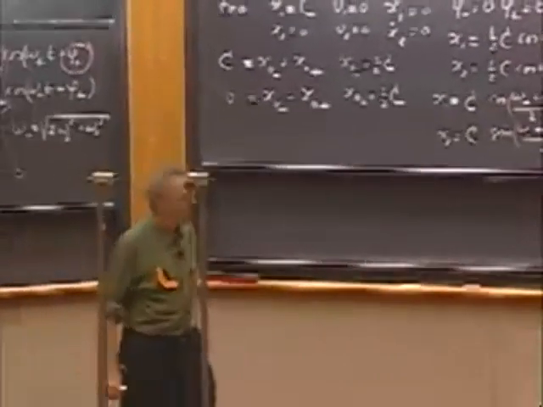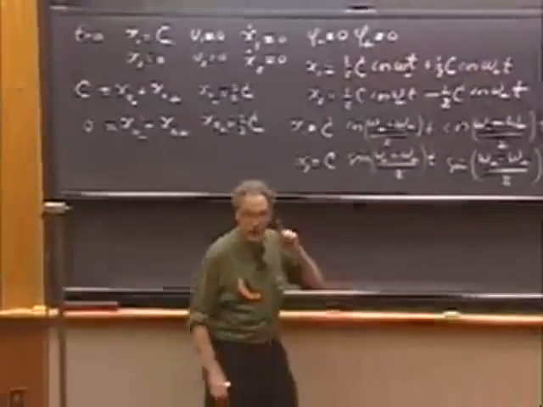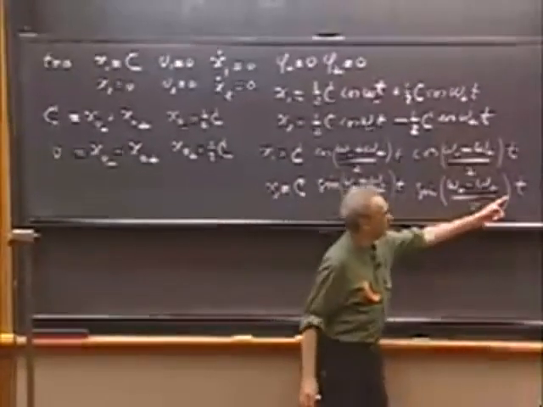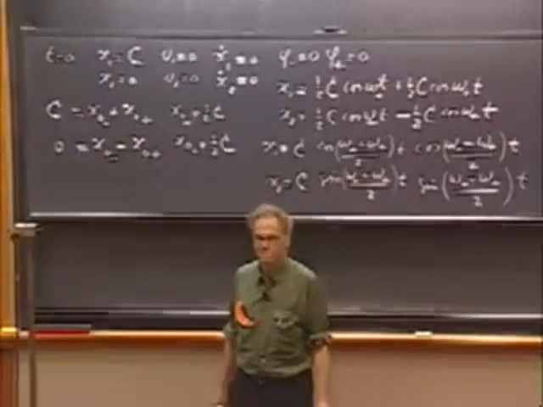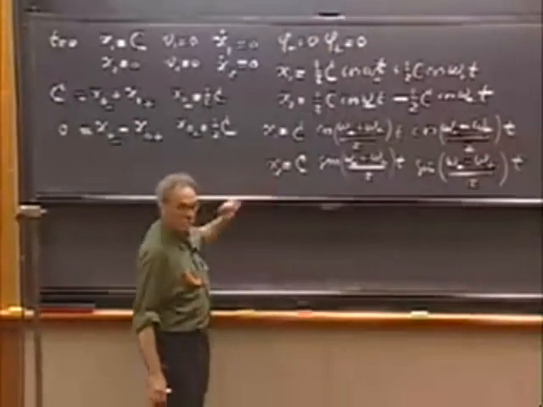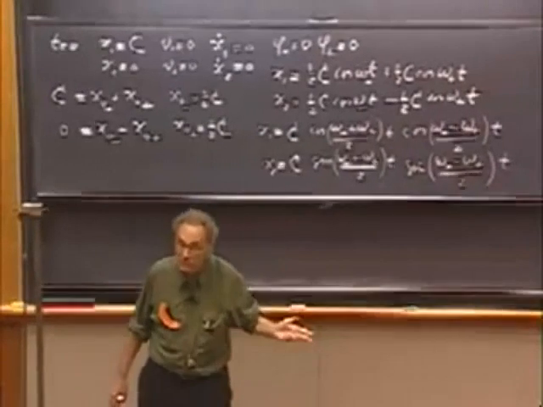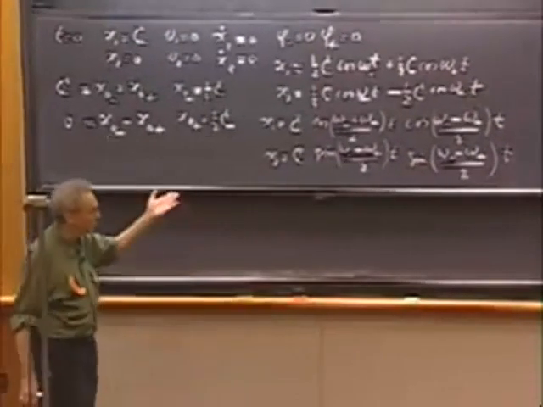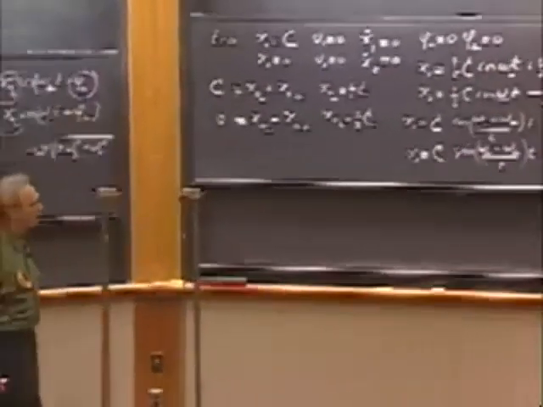Notice, when t is 0, the sine of this one is 0. Consistent with our initial conditions, x2 was 0, remember? It's all there. The initial conditions are all there, just written in a different form.